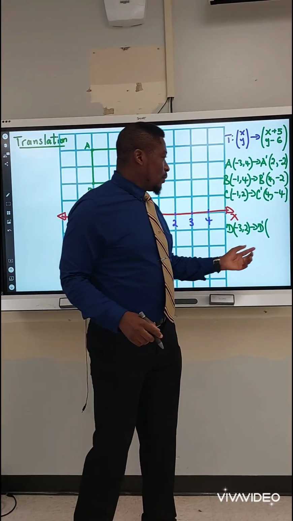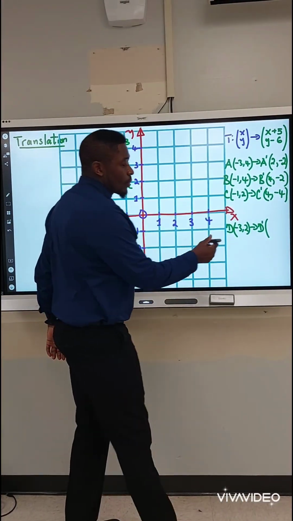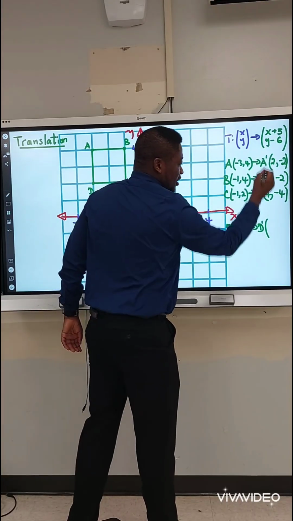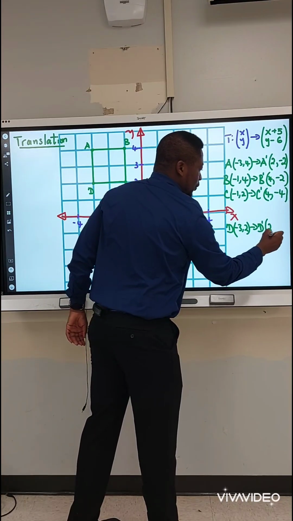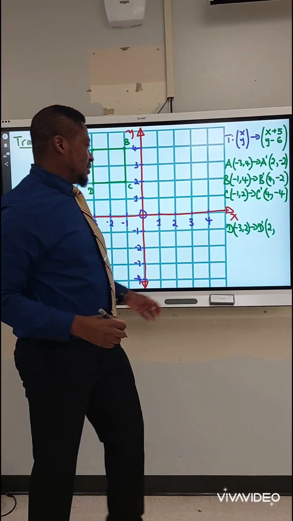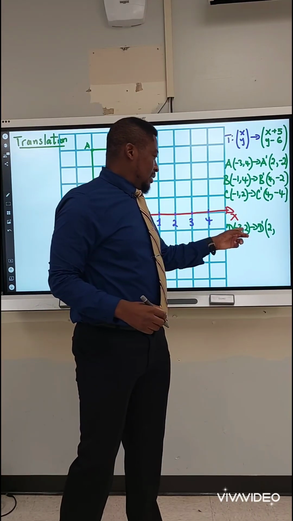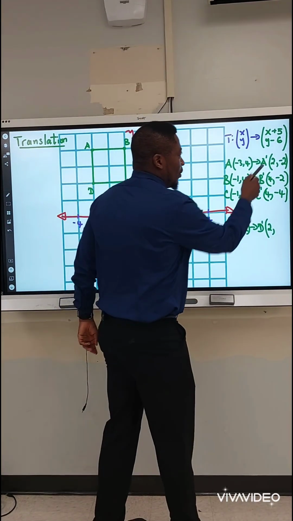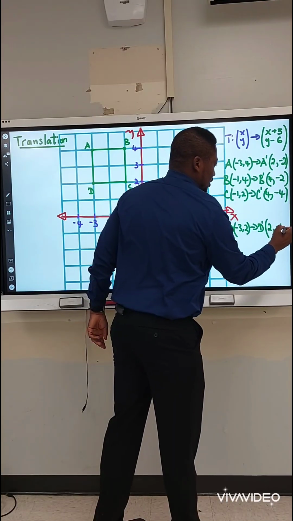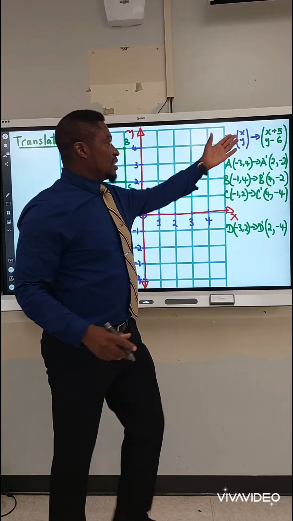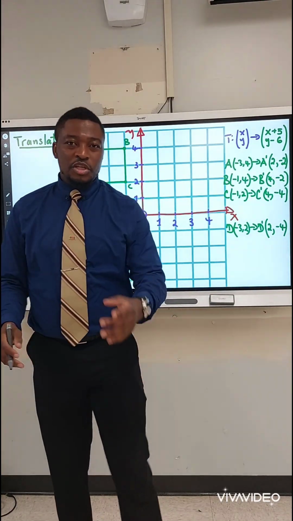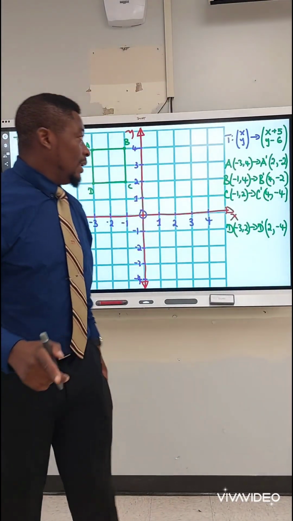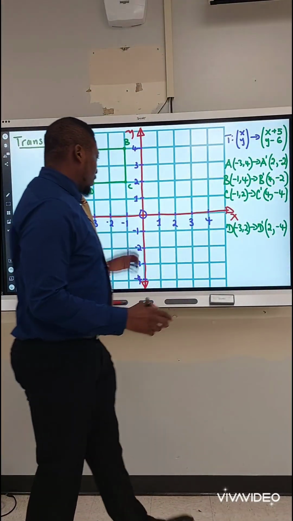So my D prime will be -3 plus 5, which is 2, and my y coordinate for D will be 2 minus 6, which is -4. So this is how you can use the translation rule to obtain the coordinates without the coordinate grid.